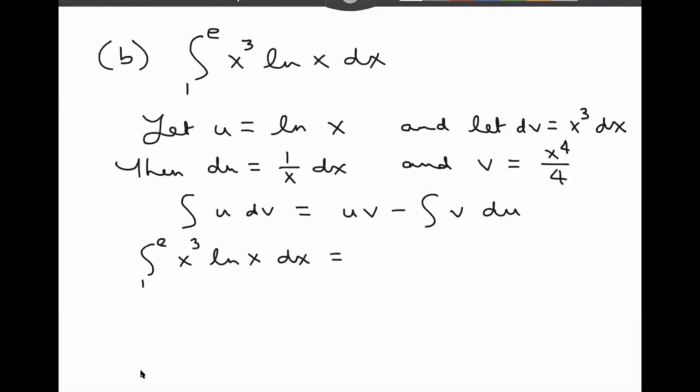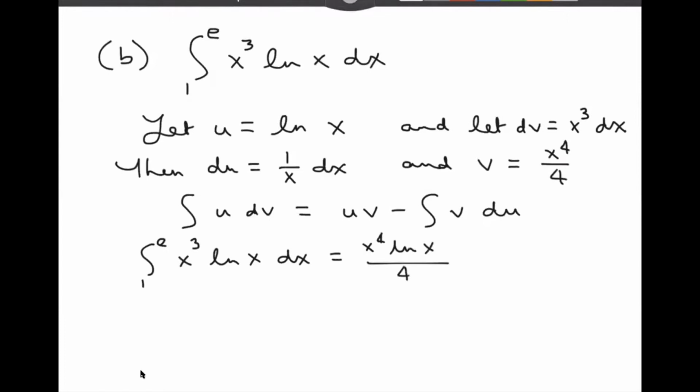Now, when you're doing a definite integral by parts, what you have to remember is that the uv part, in this case x to the 4th natural log x over 4, is part of the antiderivative.